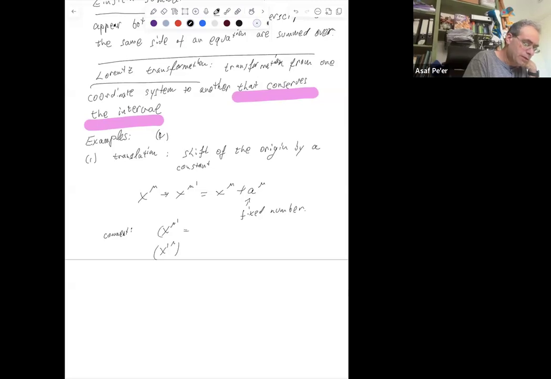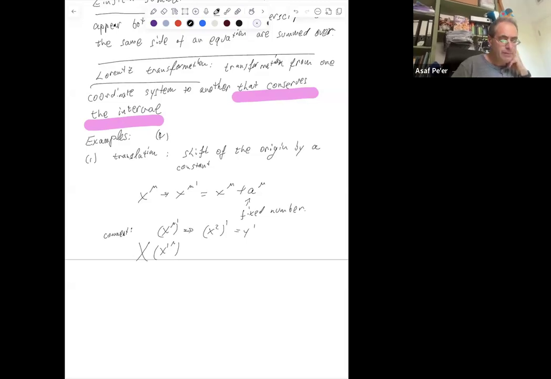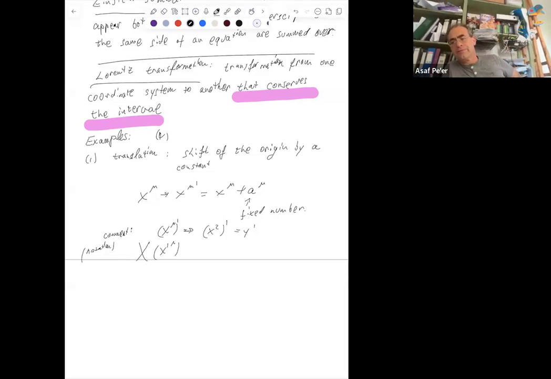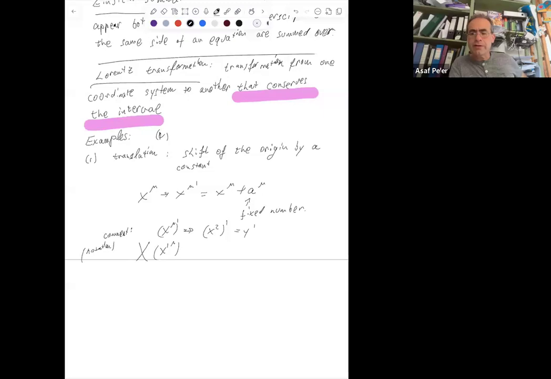Because, say, if mu is equal to 2, for example, it is not this one, because X2 prime is Y. So I put the prime over the x mu. It can be slightly confusing at the beginning, but after you get used to it, you see that there is nothing more natural.